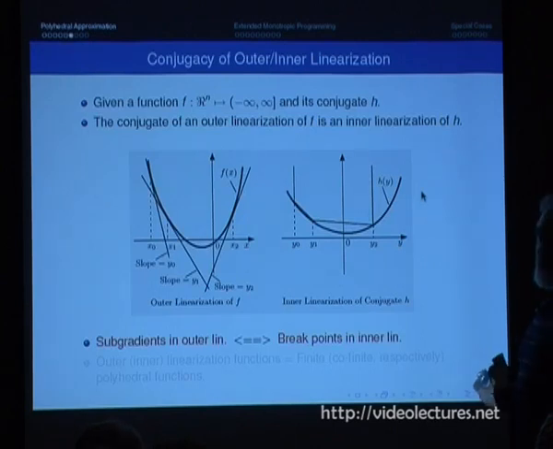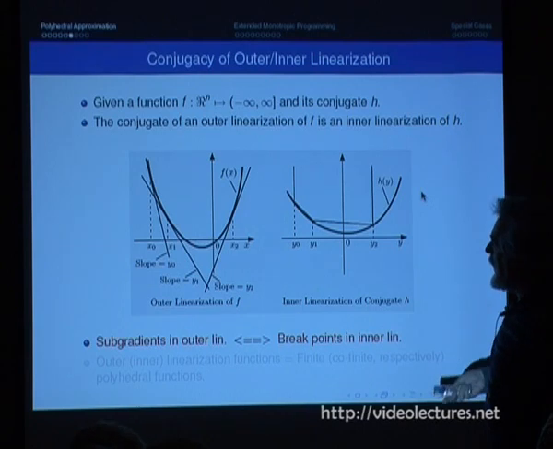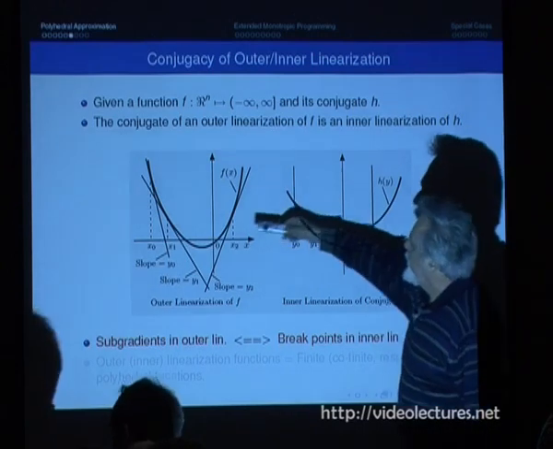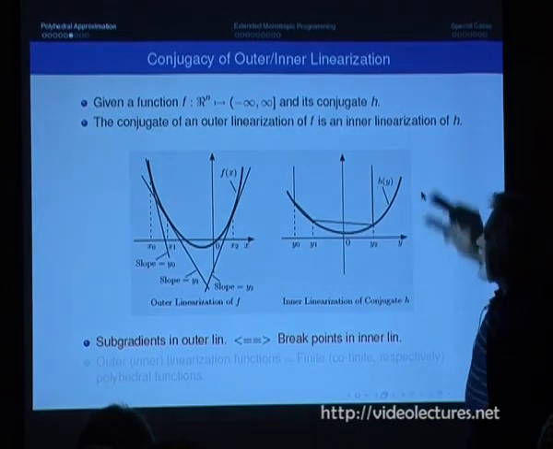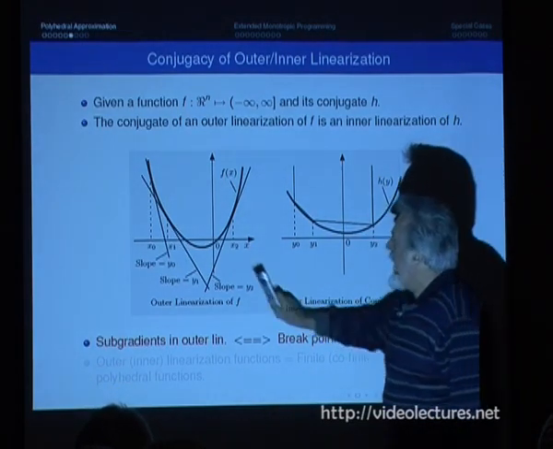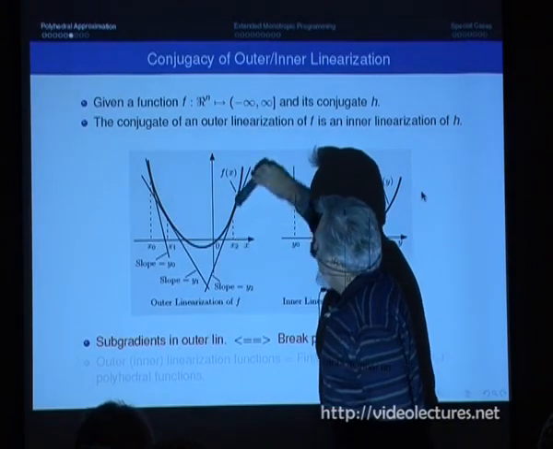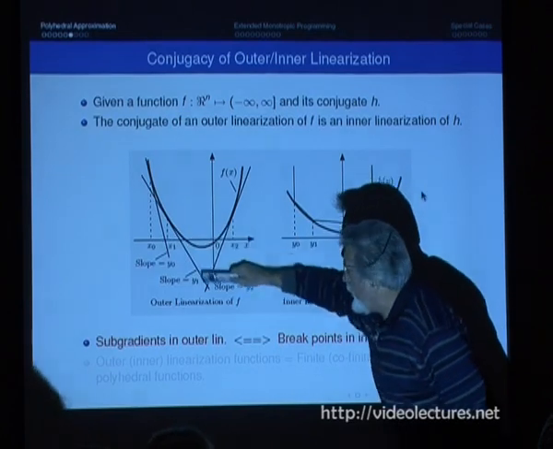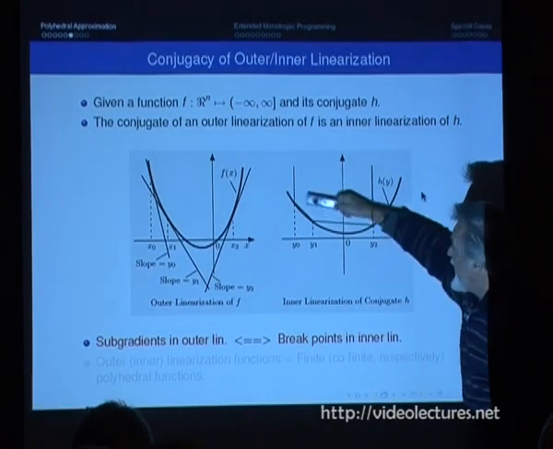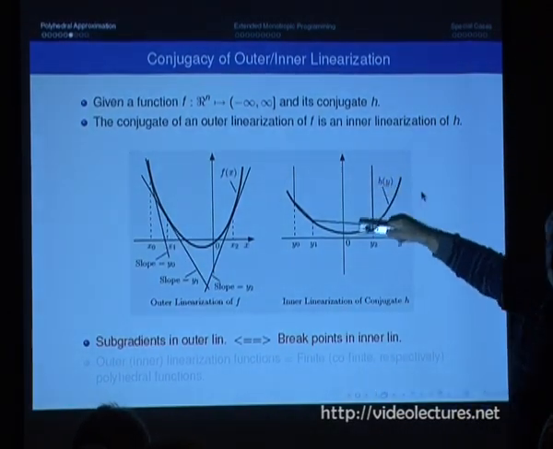And finally, here's a conjugacy relation that's very important. Suppose you have a function f, this curved function here, and suppose you have its conjugate h. Suppose you make an outer linearization of f by subgradients, then the conjugate of this outer linearization is an inner linearization. Okay?